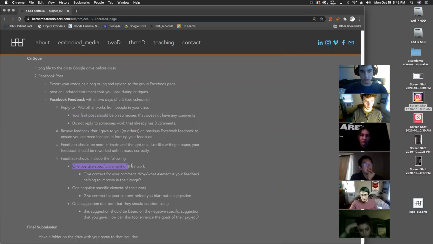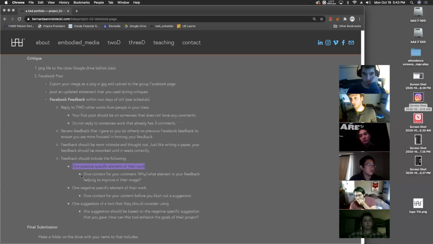Again, give one specific element of their work, and then give context as to why. Like, I really enjoy the use of color. Okay, that's specific, but why are you enjoying it? You should be reading their statement, analyzing their use of color, and then saying why it works, why you like it in relation to what they're trying to do. Then one negative specific, same thing.